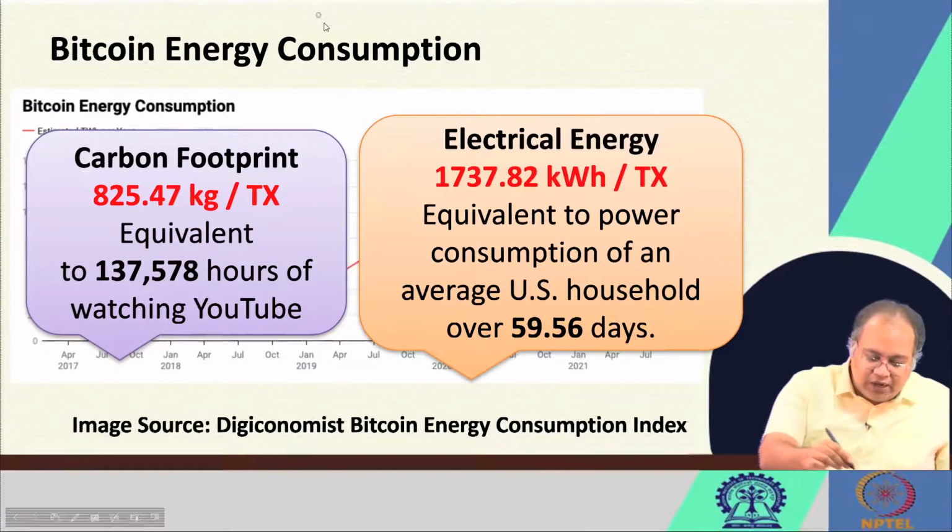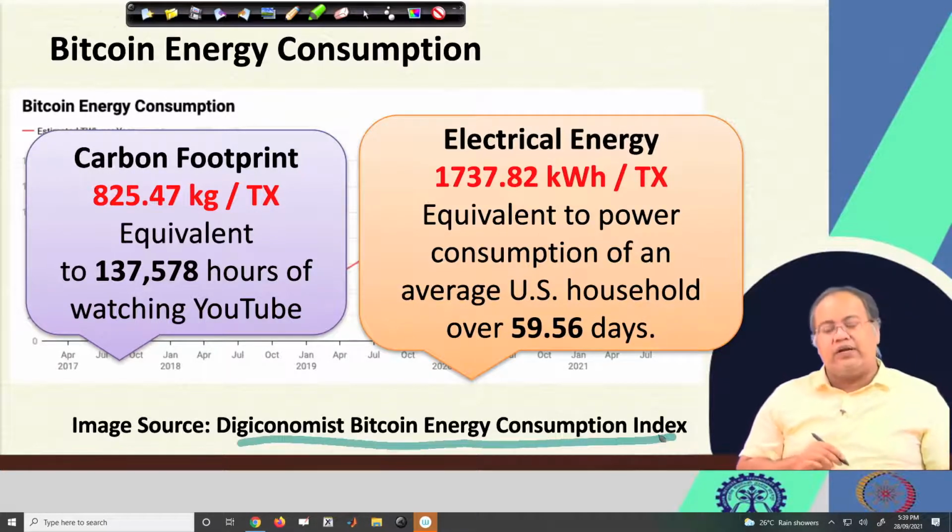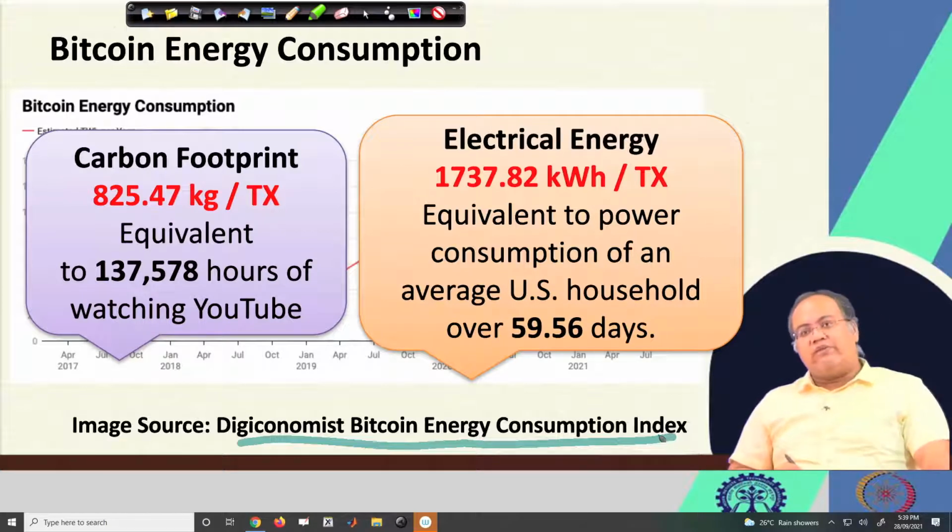All these statistics I have collected from the Digiconomist Bitcoin Energy Consumption Index, which does this energy consumption analysis for the Bitcoin blockchain and provides that information. So by these two pieces of information, you can find out the amount of electrical energy required for every transaction in the Bitcoin blockchain and the amount of carbon footprint generated by every transaction. That is actually massive.